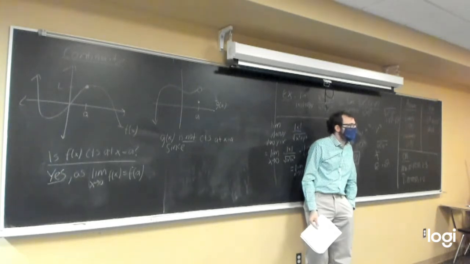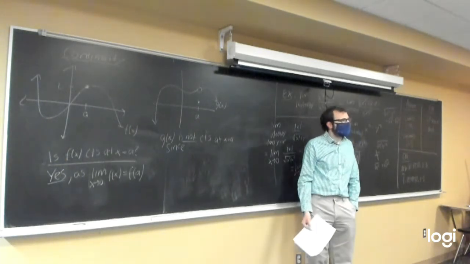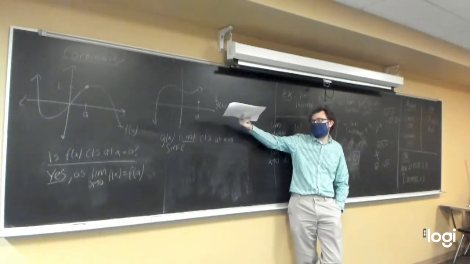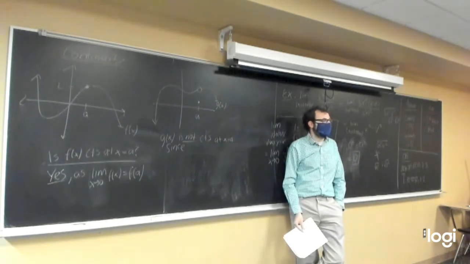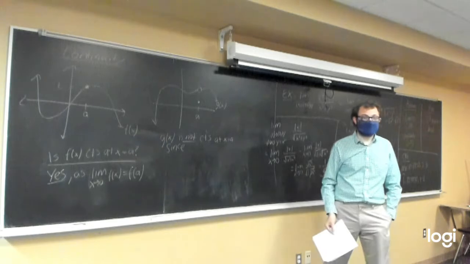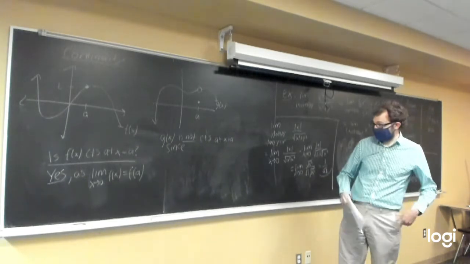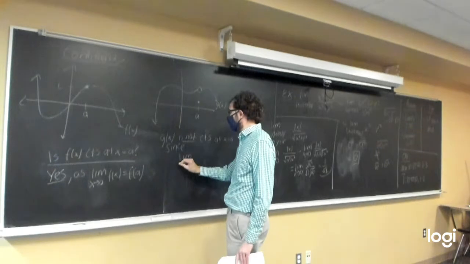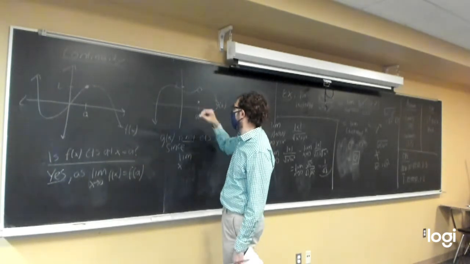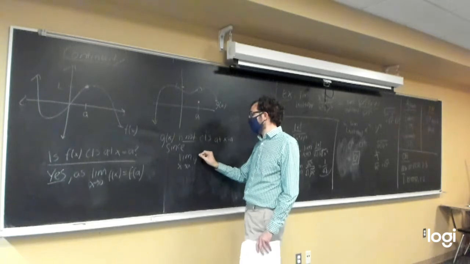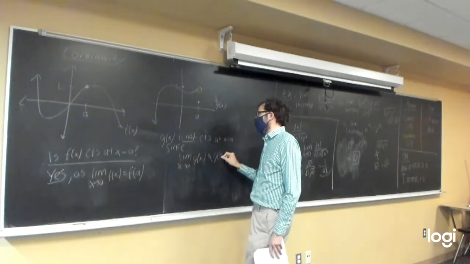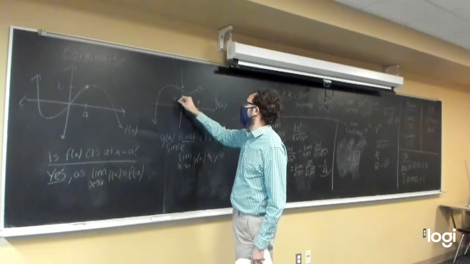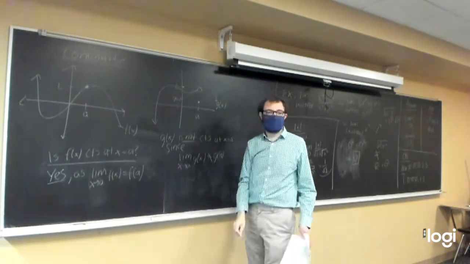Someone other than Tim on this one. This is when we get more people in the class involved. What about this function makes it fail to be continuous at x equals a? The limit does not equal f of a. Yeah. Whatever the limit is, that would be this y value, say L, the limit as x approaches a of g of x is not equal to g of a. So this would be g of a here, this y value, but the limit is something up here.